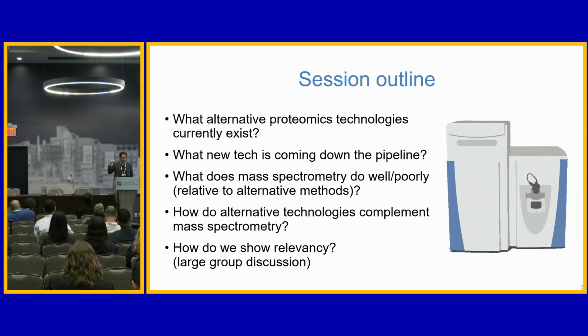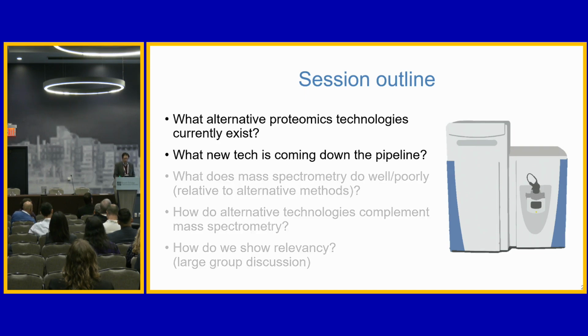Then Lindsay is going to talk in the second section about how mass spectrometry performs well or poorly at specific types of tasks, and where there are circumstances where using alternative technologies might be a good complement to mass spectrometry. How do we merge forces rather than fight a war against other technologies? And lastly, how can we show the relevancy of each of the individual components of proteomic technologies going forward?